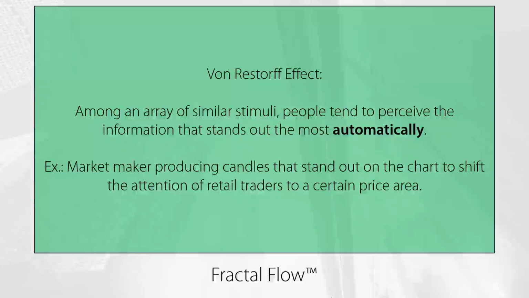The von Restorff effect is one of the tools used by market makers to confuse retail traders in a subtle sleight of hand. There are many times in the market that large traders intentionally produce abrupt market movements to trigger the impulsive behavior of less advised traders and also to bring the attention to a certain part of the market while the most important parts of the market go unnoticed.